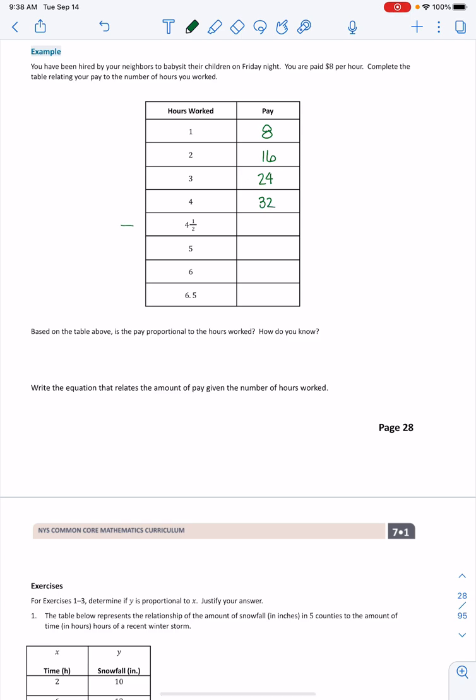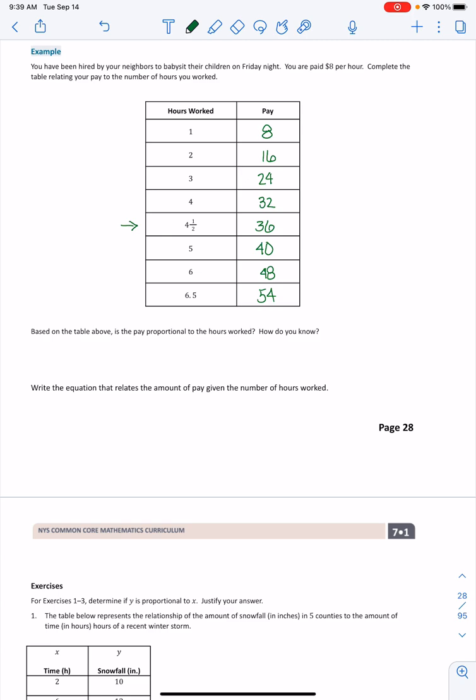Notice what we have here. We have 4.5 hours. So 4.5 hours then would be 36. 5 hours would be 40. 6 would be 48. And then 6.5 would be 54.